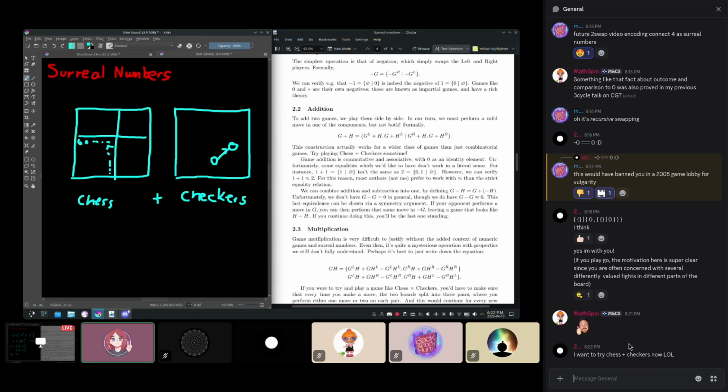I'm not going to make a whole diagram of a Go game, but you might have an endgame situation where the board splits up into 4 different sections and none of them are ever going to interact with the others. They're closed off. And then you can examine this big position as a sum of 4 different subpositions. If you can figure out what's going on in each of them, then you can just add them up. That's the motivation for addition.